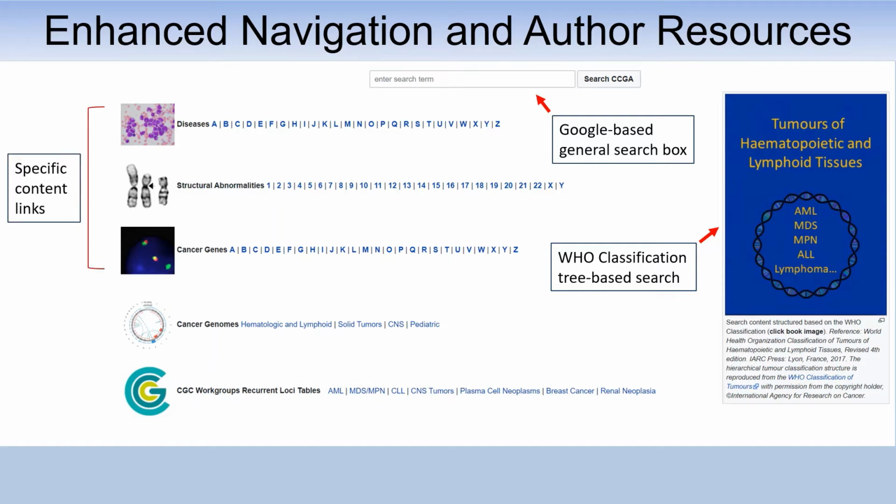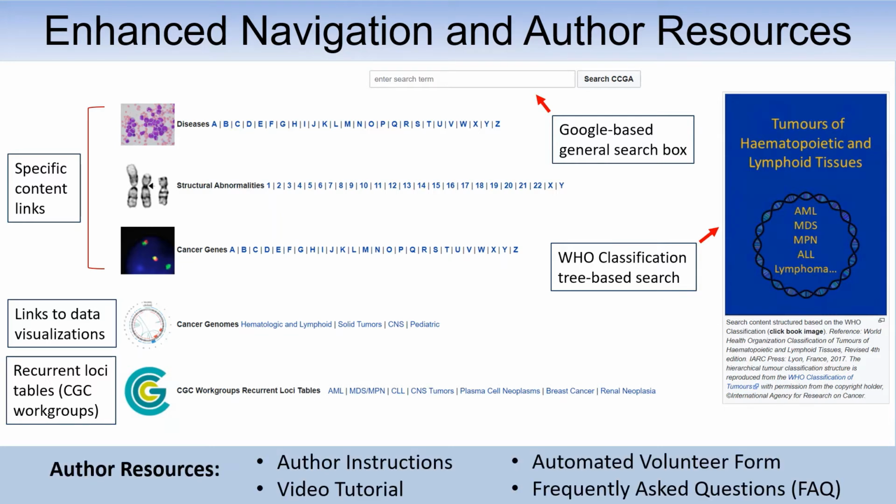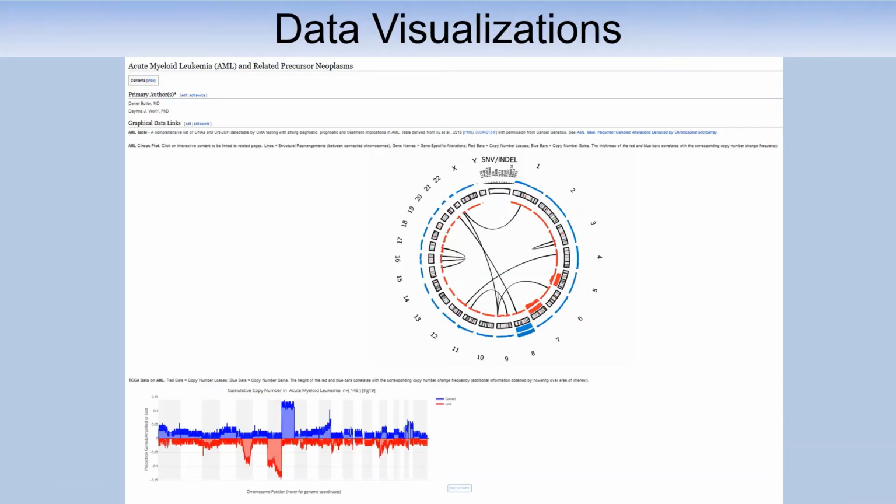We have specific content links of diseases, structural abnormalities, and cancer genes, links to data visualizations, as well as links to the recurrent loci tables that have recently been produced by the CGC work groups. For author resources, there are author instructions, a video tutorial, we have an automated volunteer form, as well as a frequently asked questions page.